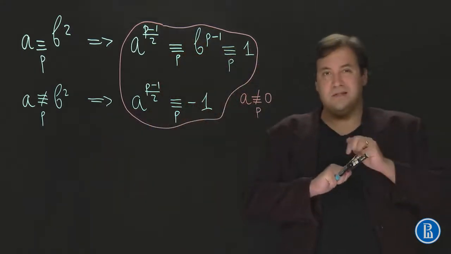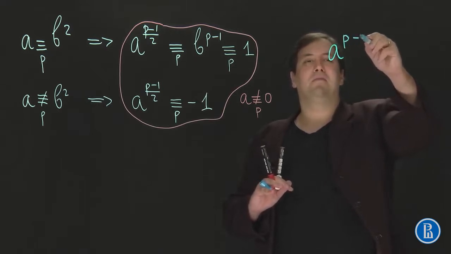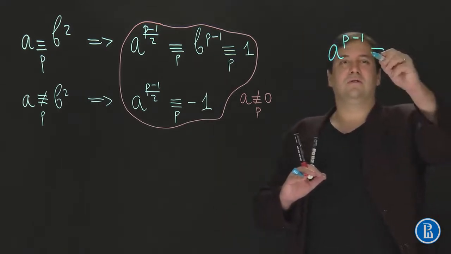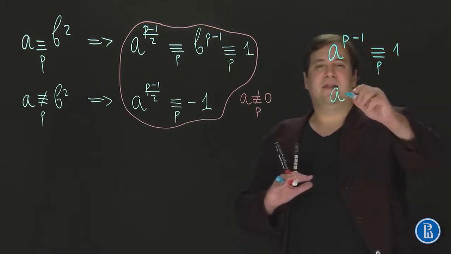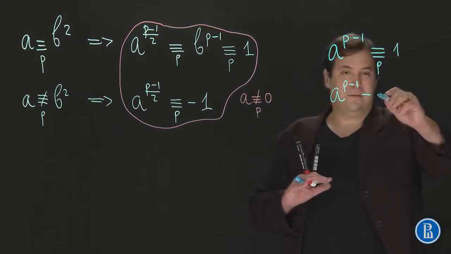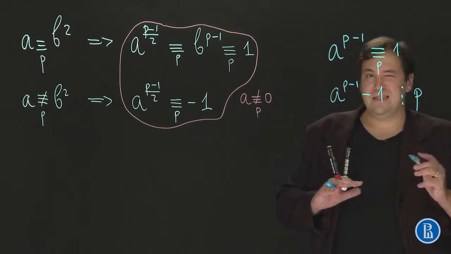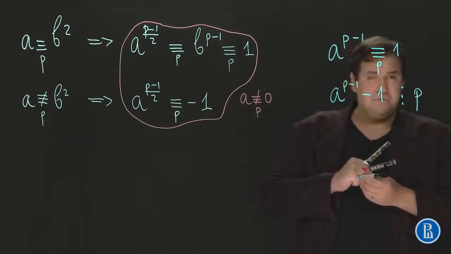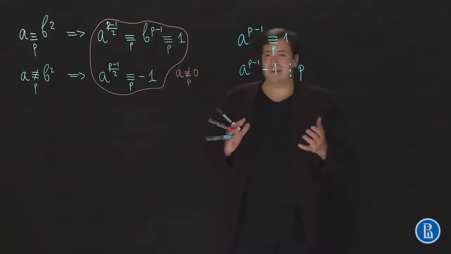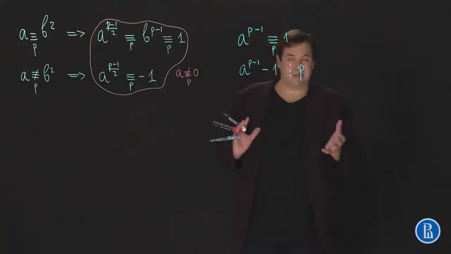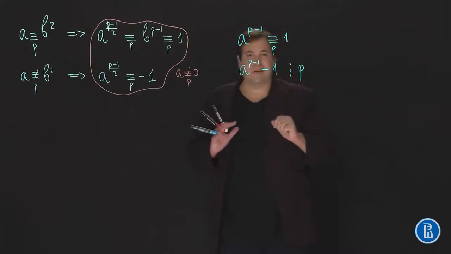Recall Fermat's little theorem, which states that A to the power P minus 1 is congruent to 1 modulo P, which is equivalent to the fact that A to the power P minus 1, minus 1, is divisible by P. And since P is a prime number, and we assume that it's greater than 2, because P equal to 2 is not an interesting case, then P is odd and P minus 1 is even.